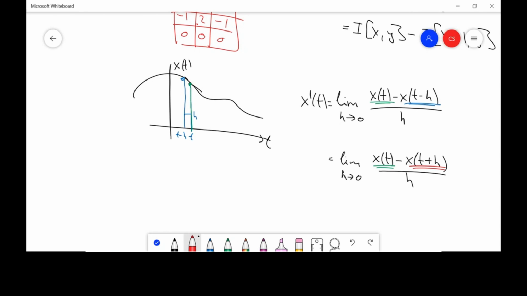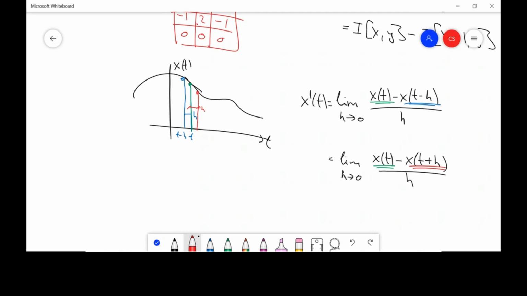So for the derivative from the right, I'm taking another sample. Now from the right, the separation is also h. And if the function can be differentiated, these two derivatives should be the same. So the derivative from the left and the derivative from the right should be the same.